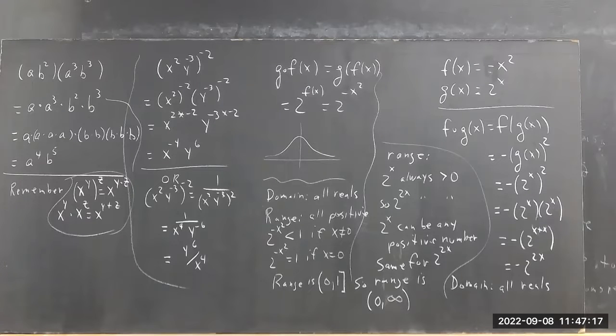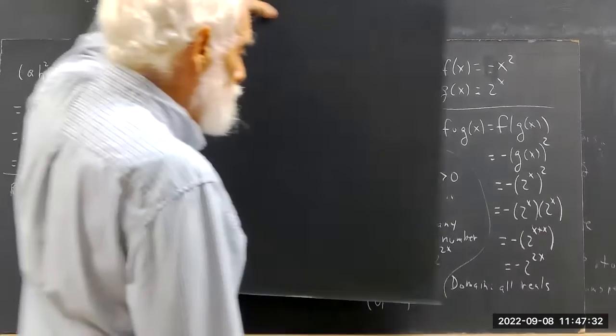Now we have the last one. I'm not going to do that one in the interest of time because there are other things we need to talk about. But I do want to address this graph, just briefly.